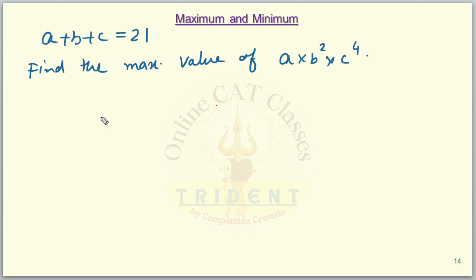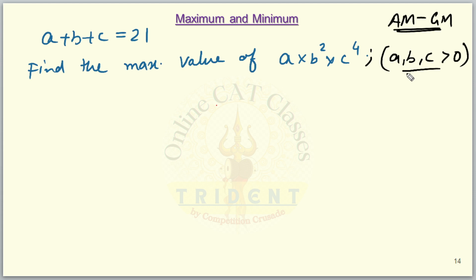Now there are many ways to do this thing. There is a very elaborate way through the AM-GM inequality. But for that AM-GM inequality, always remember that the question has to specifically mention that A, B and C have to be greater than 0. Okay, this has to be there. Otherwise the same idea will happen, the one that we just mentioned, minus 100 plus 221, the same thing will happen. So they have to mention this thing.